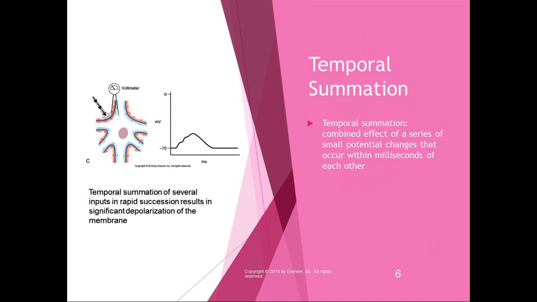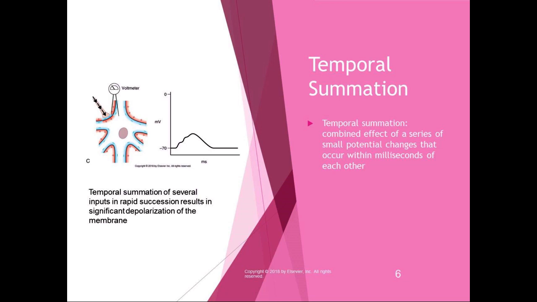So in order to get enough local potentials to generate an action potential, we need to add them all up, and there are two different ways. Temporal summation is the combined effect of a series of small potential changes that occur within milliseconds of each other.